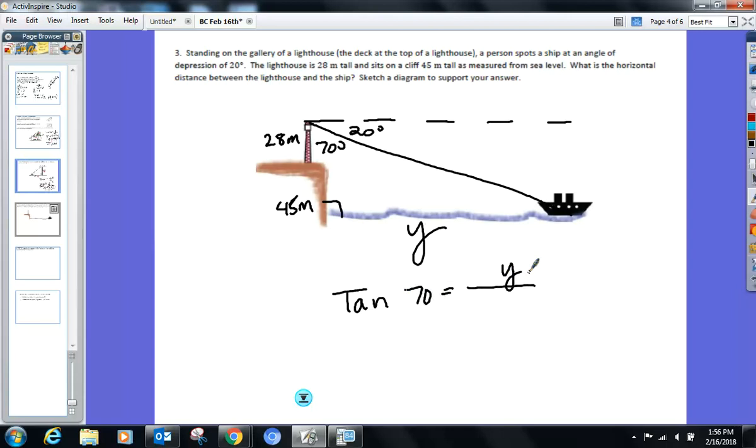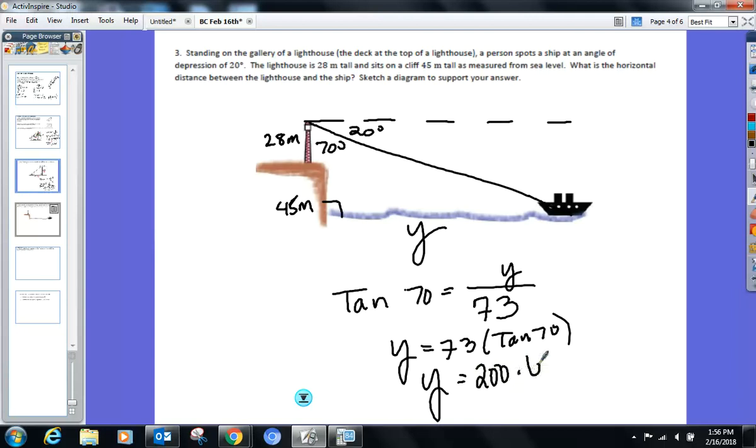Not over 28, not over 45. 73. 200.6 meters.